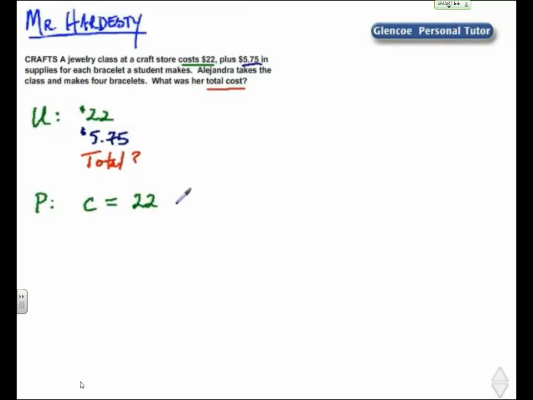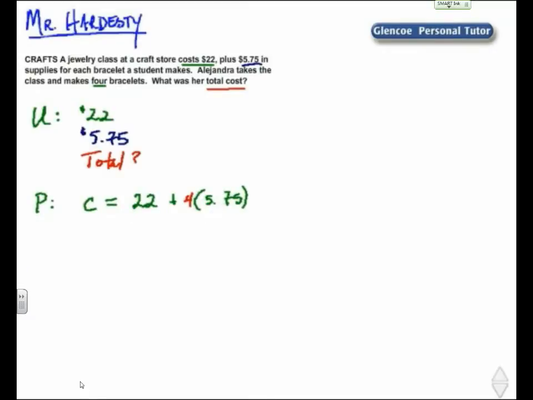And we also know that we'll add on $5.75 in supplies, and that represents each bracelet price that the student makes. We also know that there are 4 bracelets. So that 4 will multiply by $5.75. So here's our equation and our plan for solving.